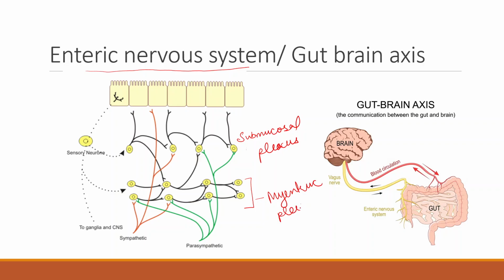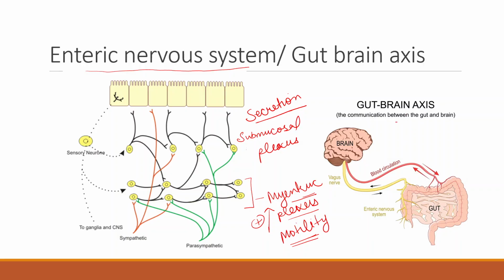So why are we talking about these plexuses? Because the submucosal plexus is concerned with all the secretions. So whenever we have to increase various secretions in gut, then this plexus is to be stimulated. And what is the use of the myenteric plexus? When movement or motility pattern, for example peristalsis, is to be increased, then this plexus should be stimulated. Okay, so the myenteric plexus is concerned with motility or movement of gut, and the submucosal plexus is concerned with secretion. You can have this question in your MCQs in exam, right?